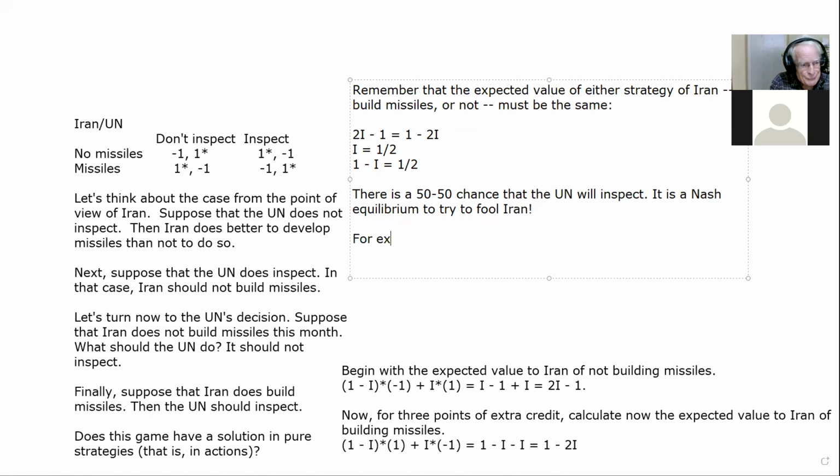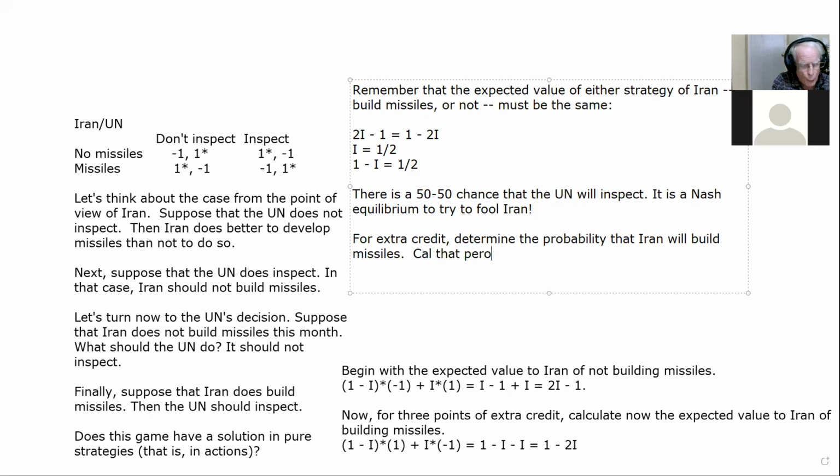And for extra credit, the birthday determines the probability that Iran will build missiles.